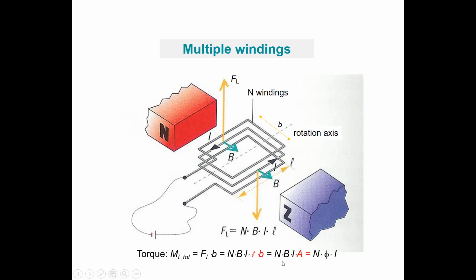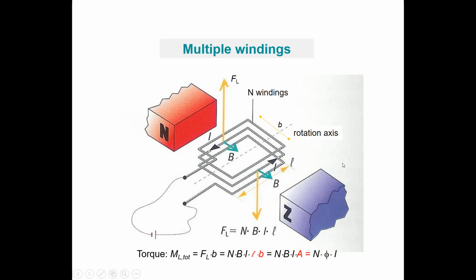So again, the torque is N times B times I times A. And B times A is the flux. So the torque depends on both the flux and the current through the windings. So it is determined by the magnetic field over here and the current through the winding. So this winding will start rotating.